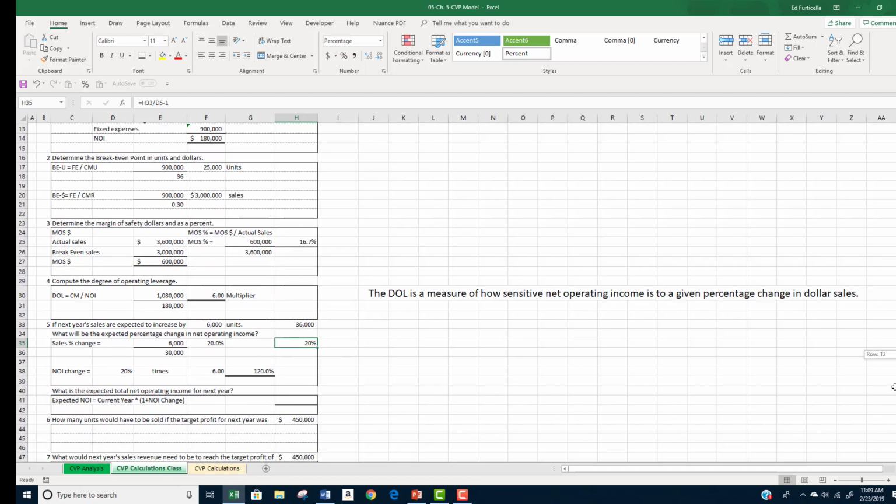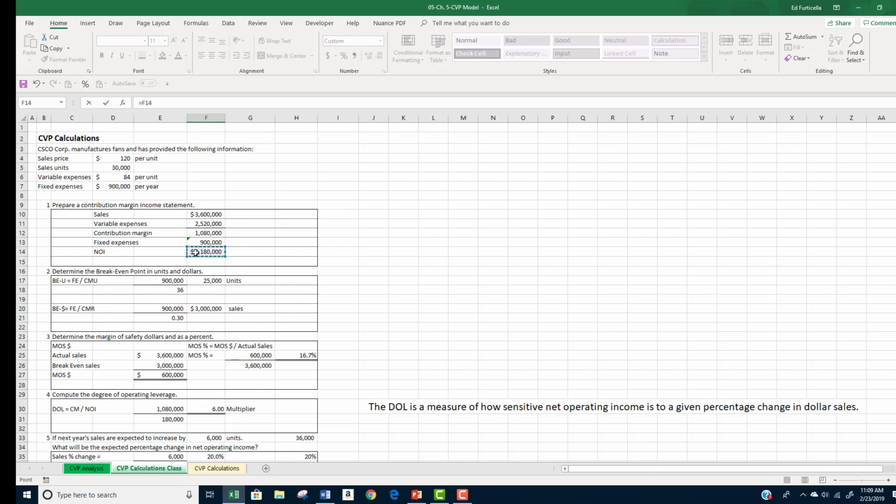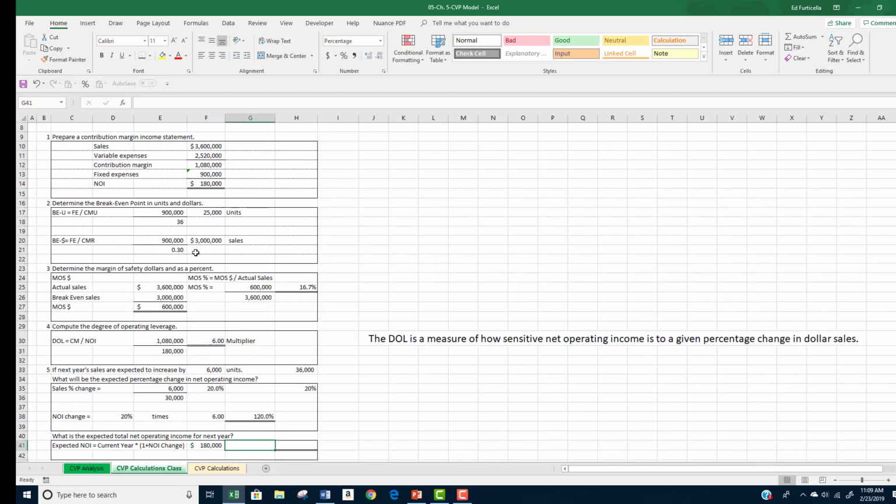All right, now having done that, the question is, what's the expected net operating income? The expected net operating income is always going to be your current income, which was 180,000, times 1 plus the projected change in income. So it's going to be 1 plus the 120%, which is 220%. We multiply the two numbers, and we get 396.